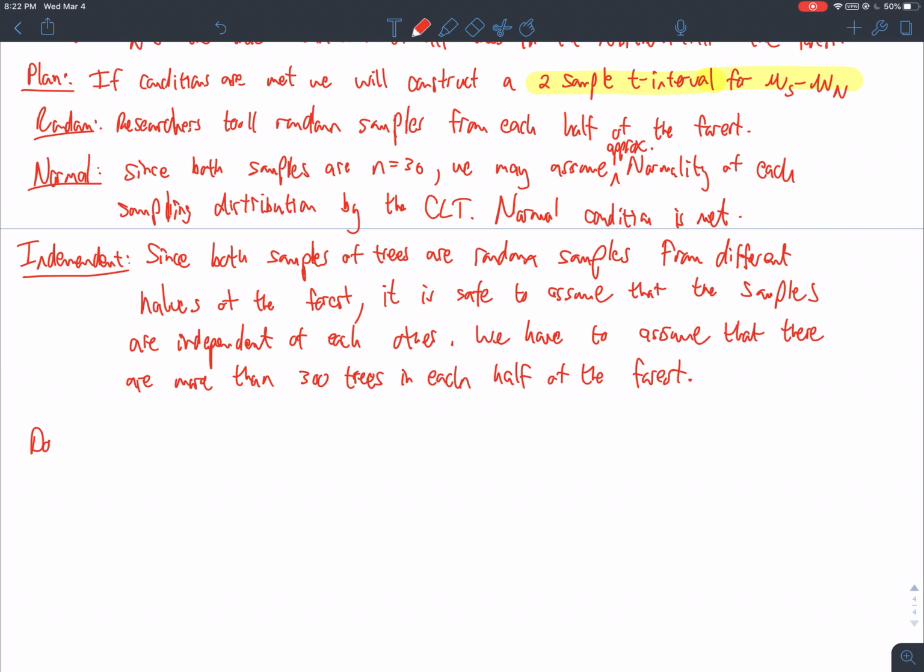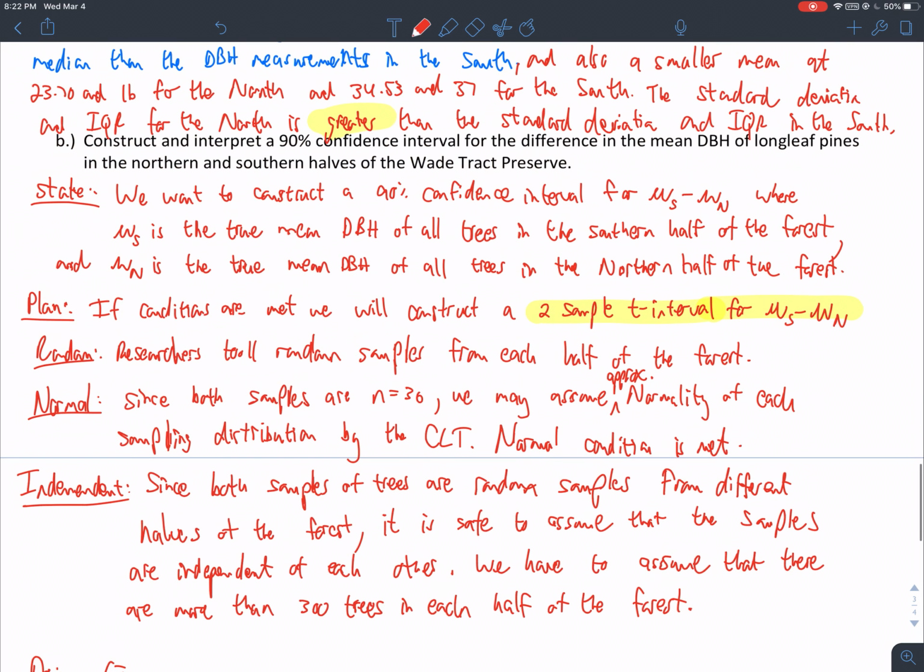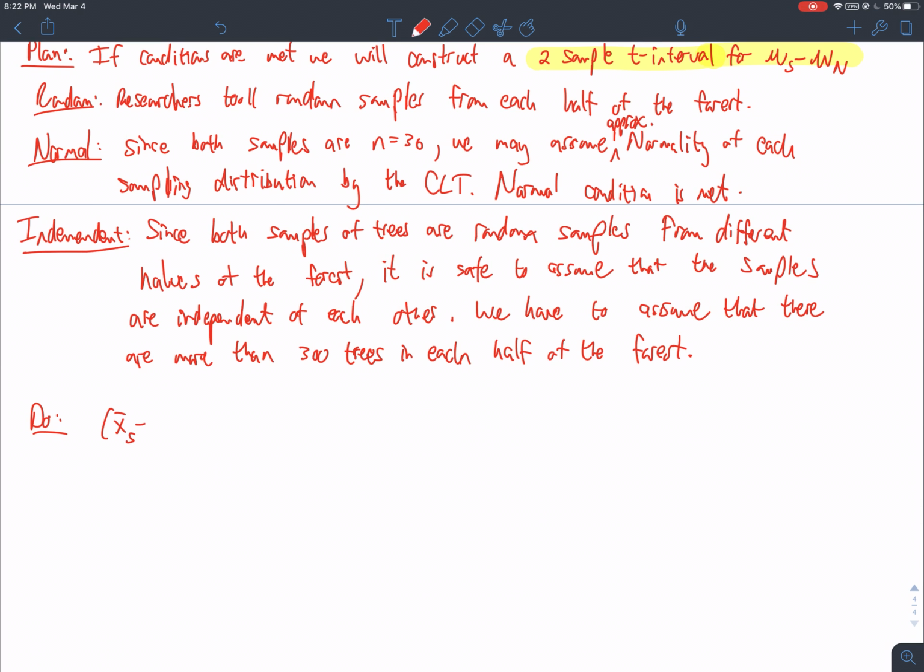So now we have the do step, and that is to do the math. So let's do the math. It's x bar sub, which way are we subtracting? S minus x bar sub n plus minus t star times the standard deviation, which is s sub s squared over n sub s plus s sub n squared over n sub n.